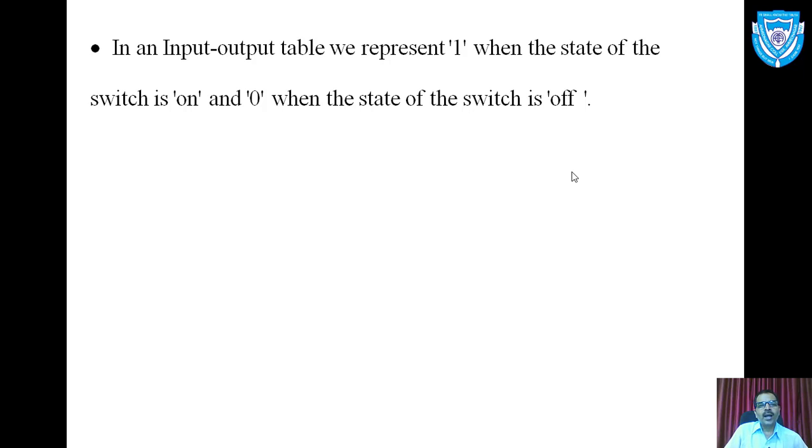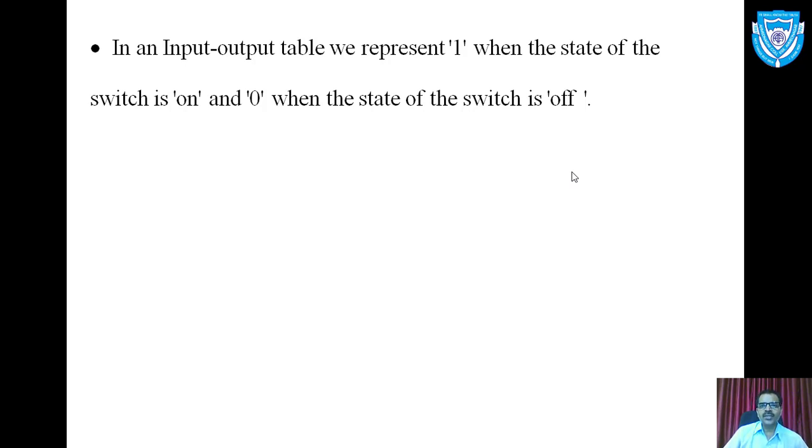In an input-output table, we represent 1 when the state of the switch is on. Note that whenever we draw the truth table or input-output table of the statement pattern, for the on state of the switch you can use the symbol T, or in place of T you can write 1.